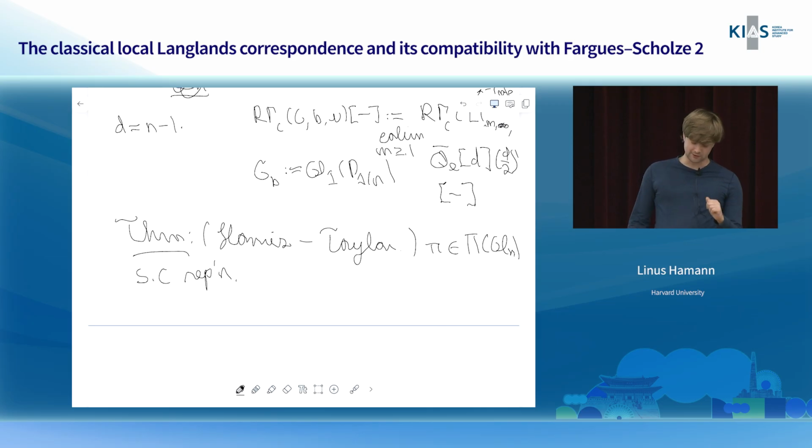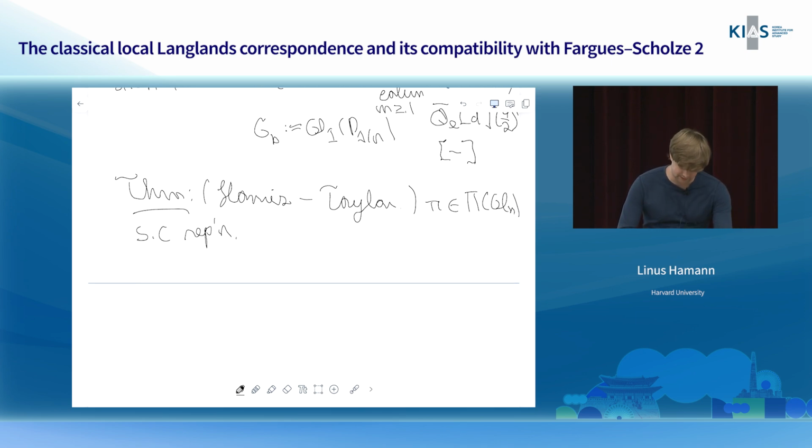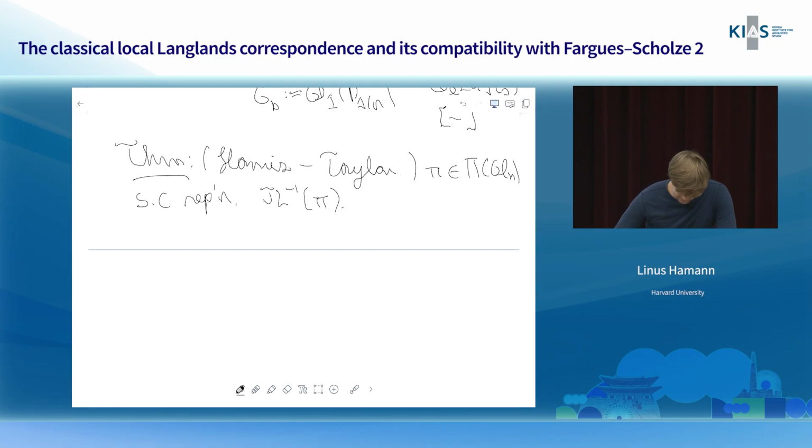A supercuspidal representation is in particular a discrete series, and there's a straightforward way of uniformizing discrete series representations in terms of representations of this division algebra. So we can consider what's known as the inverse Jacquet-Langlands transfer of this representation pi.